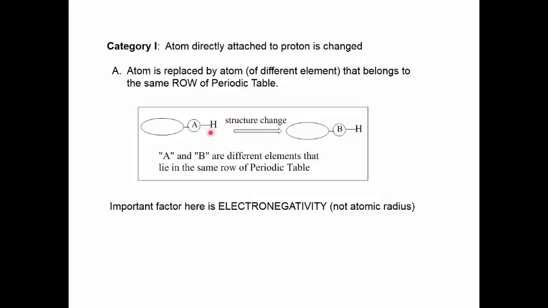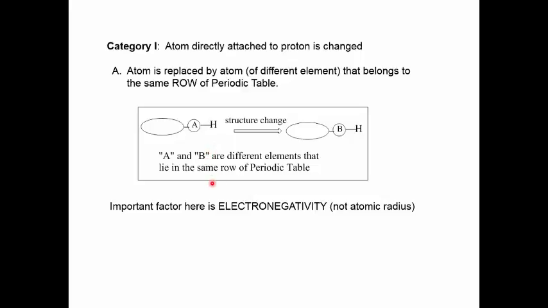The structure changes to replace A by a different atom. In the first instance here, this is subcategory A, the atom that we replace A by, B, will be a different element, but it will belong to the same row of the periodic table. So in our category 1A, the atom that does the replacing will be in the same row of the periodic table.